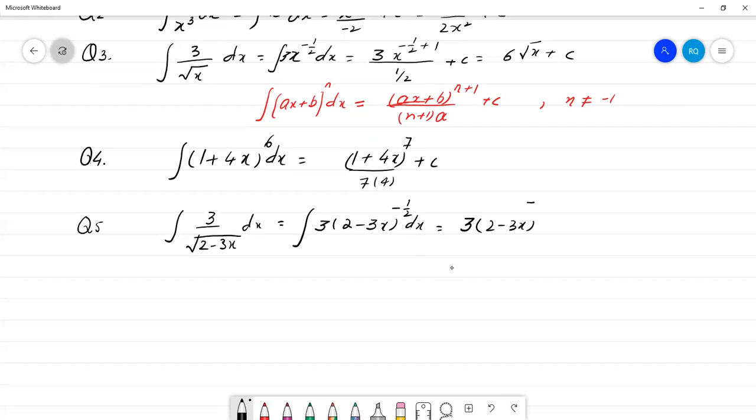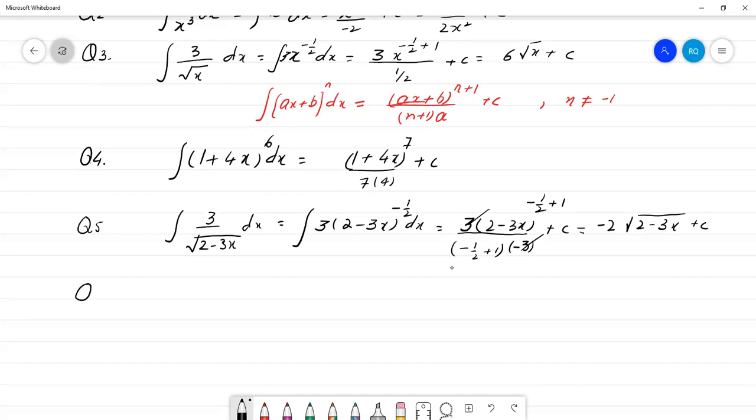You have to add 1 to this power. The new power you have to write as denominator, and you have to multiply over here the coefficient of x, or in other words, the derivative of that expression which is within the whole power. So this 3 will be cancelled by this one. It becomes 2 times minus 2 times under root 2 minus 3x, this one. If I'm not wrong, please check the calculations.